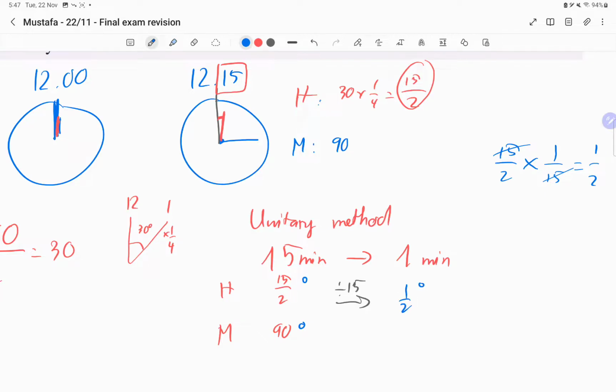Okay. So how many degrees does the minute hand travel every minute? 90 divided by 15. Not quite.